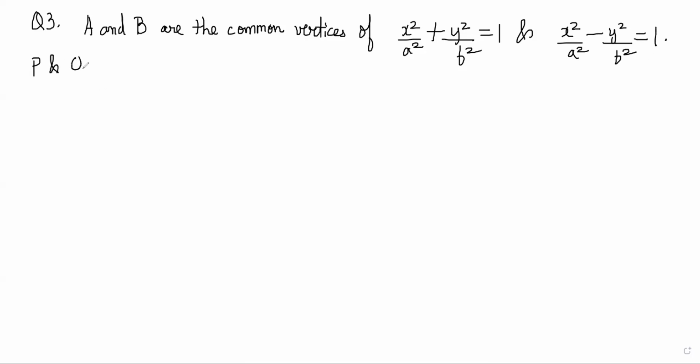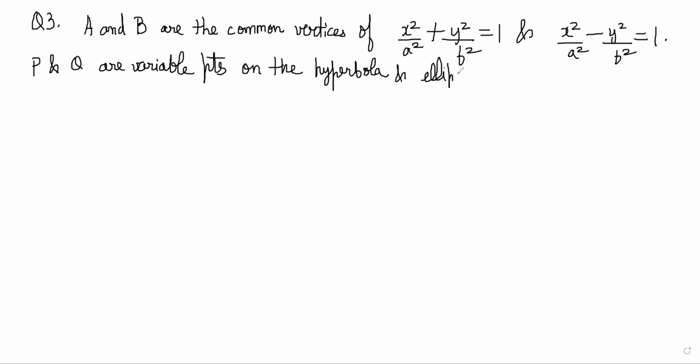P and Q are variable points on the hyperbola and ellipse respectively.